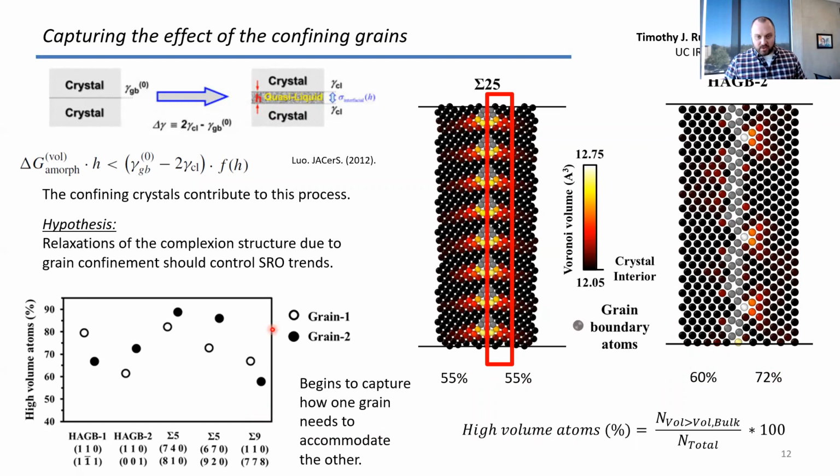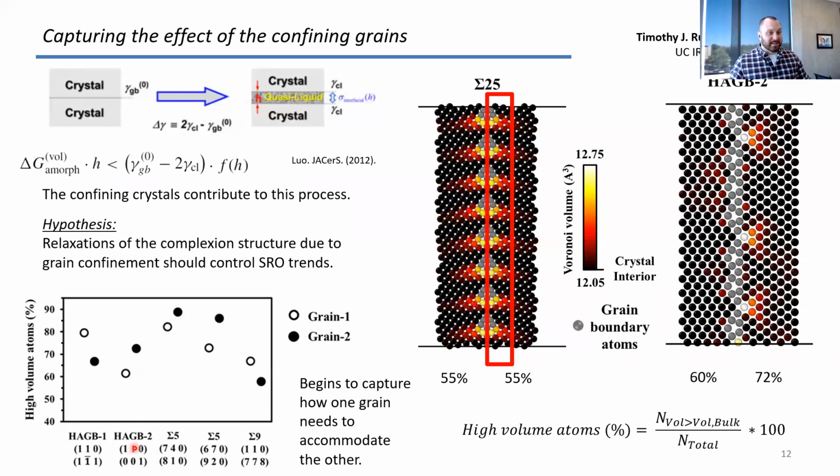And if you do that, you can start to plot some data. Again, this is not for the transitioned boundaries. This is just for the pure systems, and we start to look at how the grains accommodate each other. This is the same type of plot showing the different asymmetric boundaries, and this time plotting the percentage of high volume atoms. I'll look at those same 2 points I did before. So 2 grains that are terminating in the same crystallography, the 110, okay?